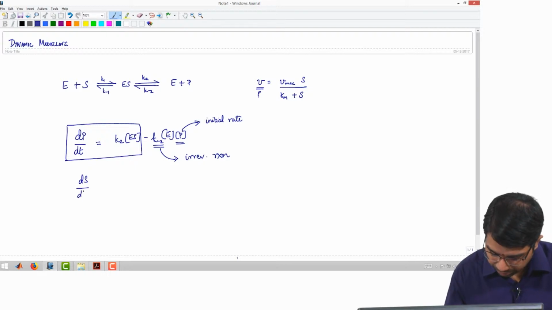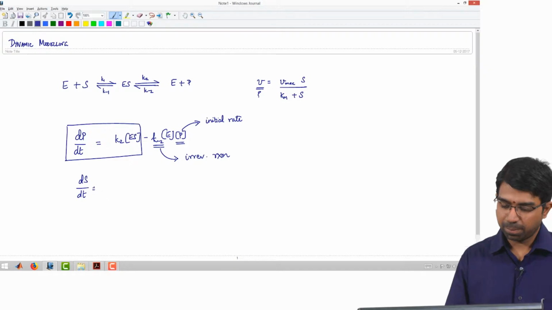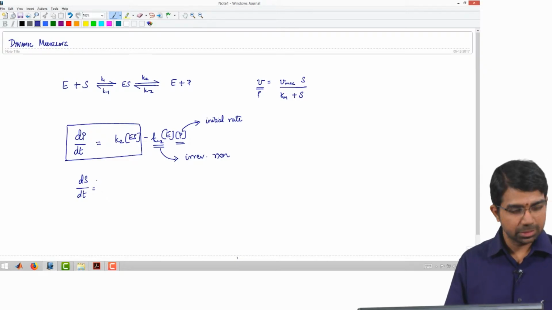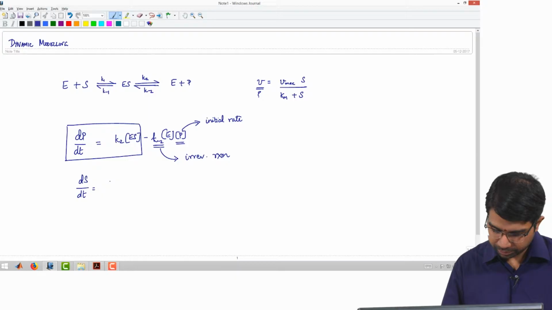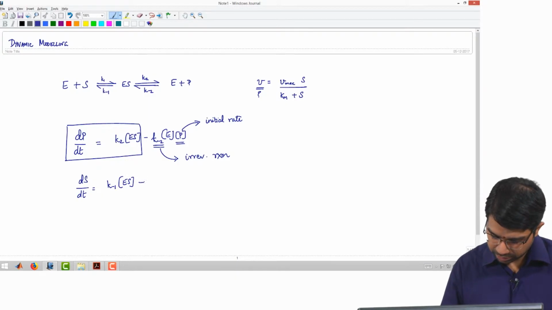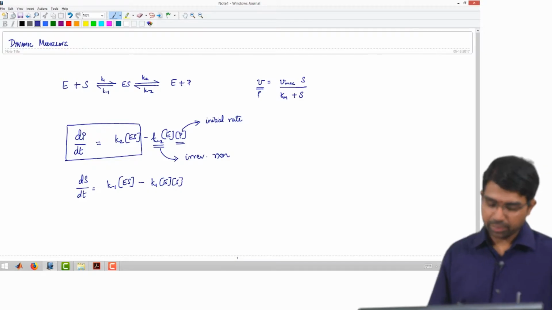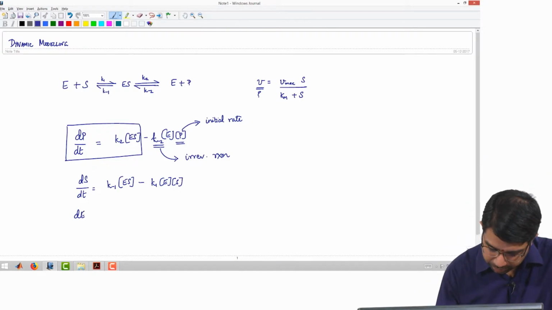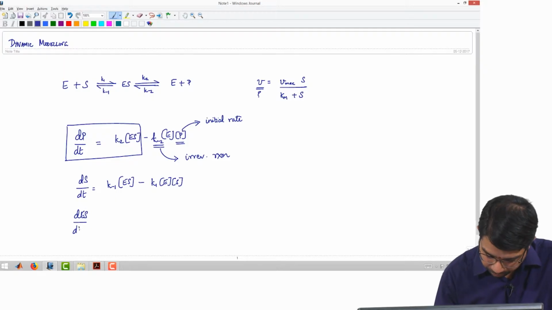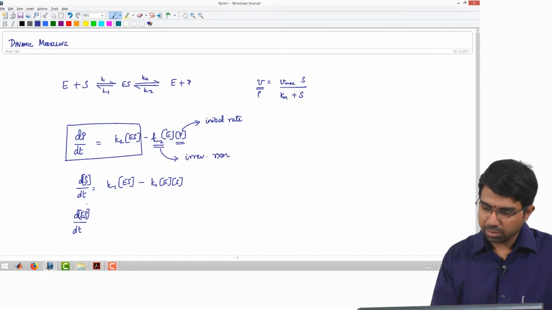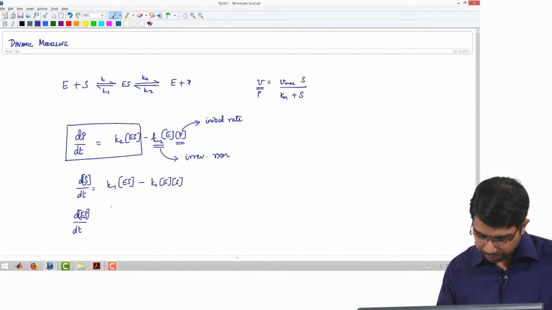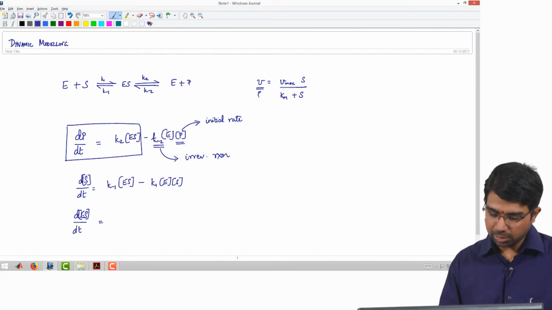So what is dS by dt? It is K minus 1 ES minus K1 E S. And dES by dt will be a little more complex.